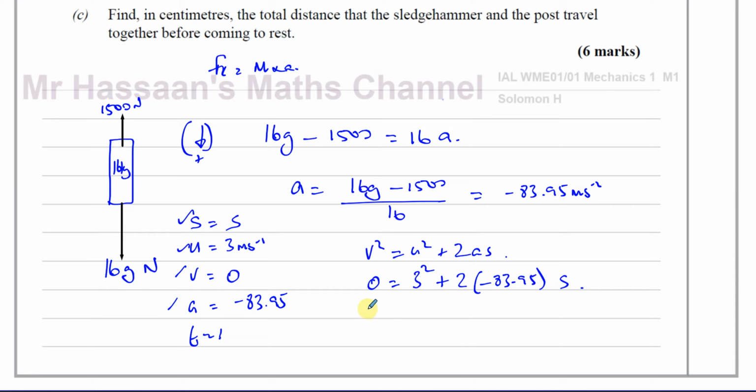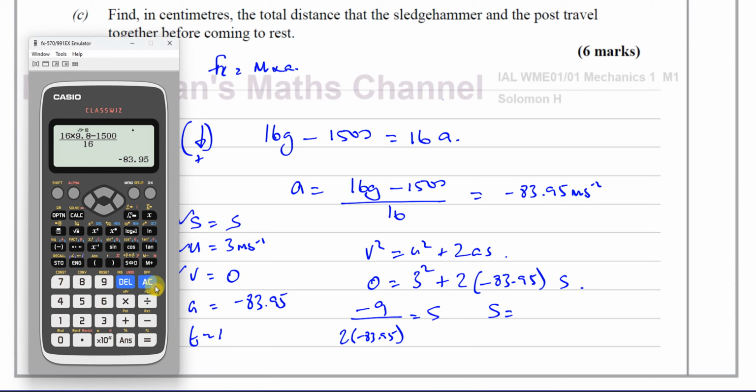So we can say that minus 9 over 2 times negative 83.95 is what's going to give us S. So S is going to equal negative 9 over 2 times 83.95. That's negative as well.